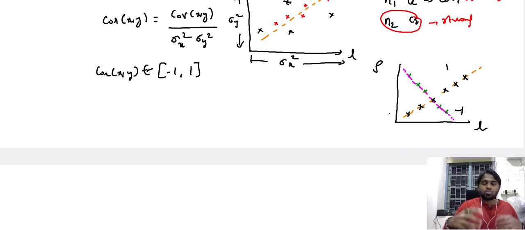So the strongest possible correlation, wherein the line that indicates the covariance has all the distinct points on it, is the indication of the strongest possible relation. And these strongest possible relations are expressed either by +1 or -1. So +1 when the line has a positive slope, and -1 when the line has a negative slope.